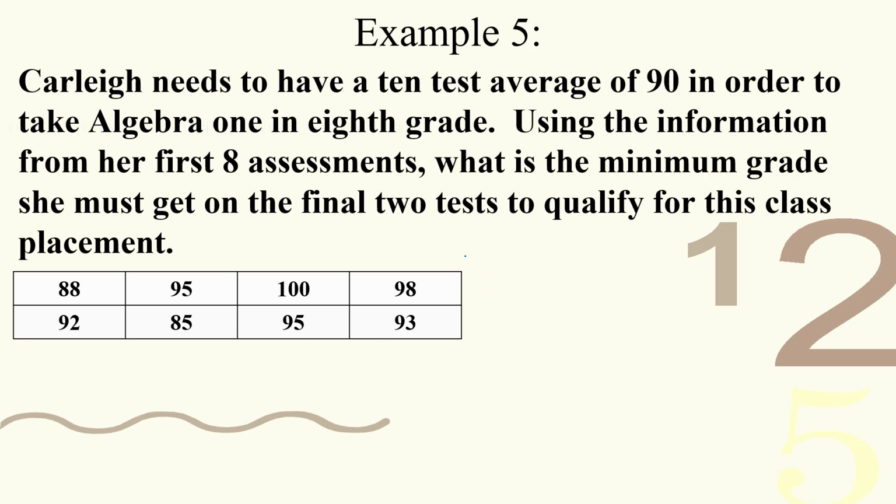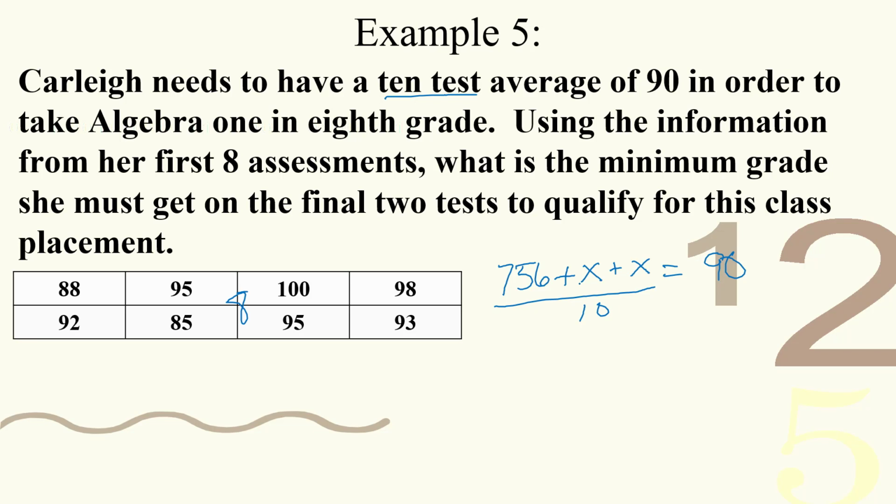So all of these together add to 756. And notice that there are 8 tests there. But we have 10 tests that we need to account for, right? So plus 1 more, plus 1 more, equals 90.